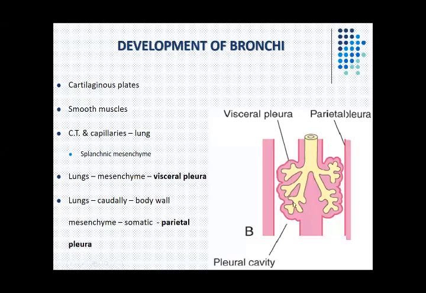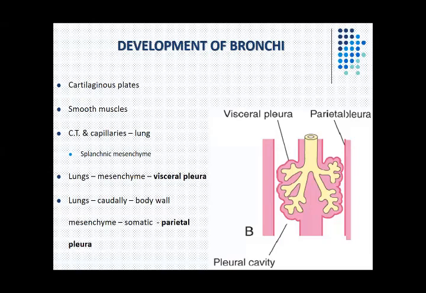Now, as the lung grows laterally and caudally, ये हमने कहा था on either side of the foregut. Foregut से esophagus भी develop हुआ है, lung, respiratory primordium भी develop हुआ है.